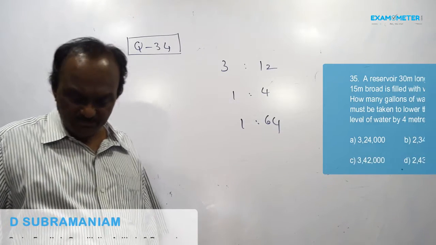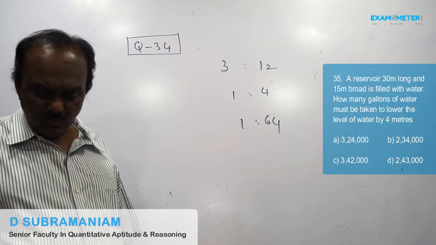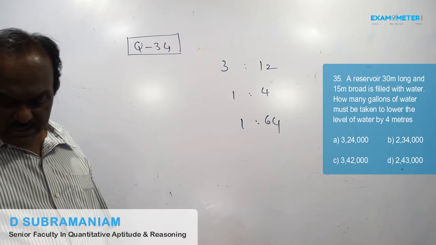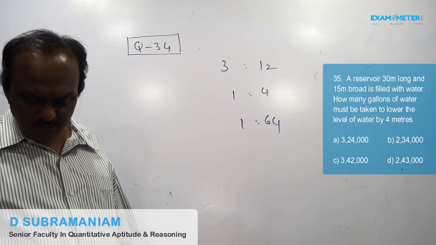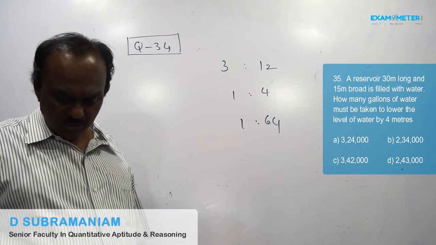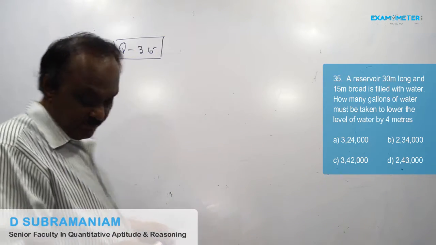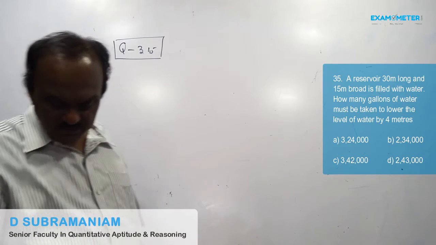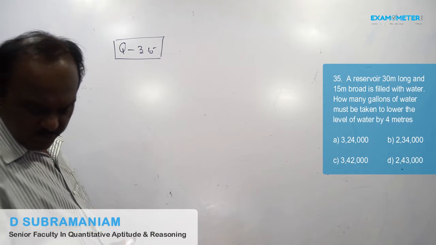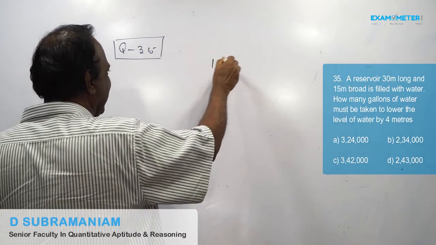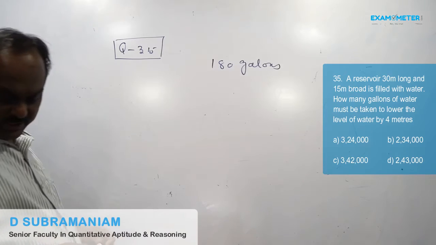A reservoir 30 meters long and 50 meters broad is to be filled with water. How many gallons of water must be taken to lower the water level by 4 meters? So write down, 1 cubic meter of water is equal to 180 gallons.